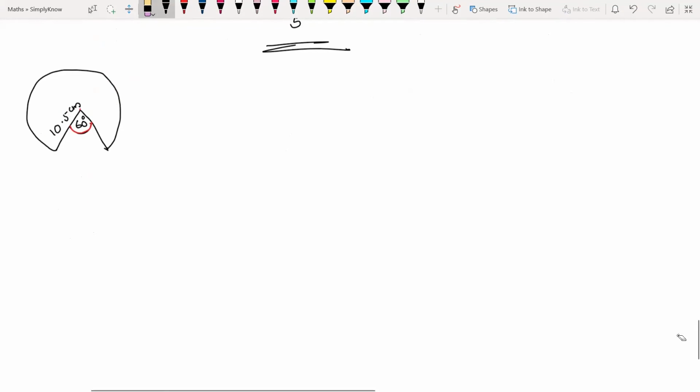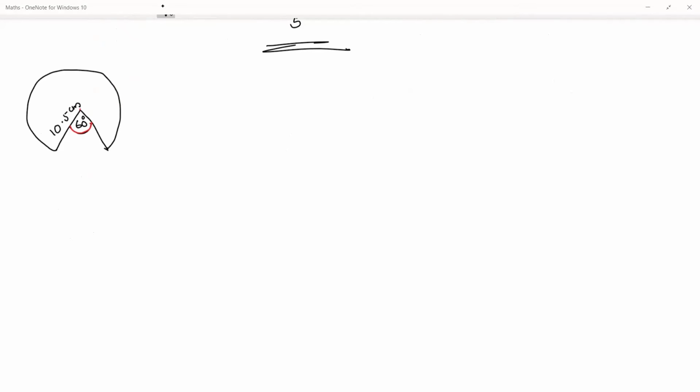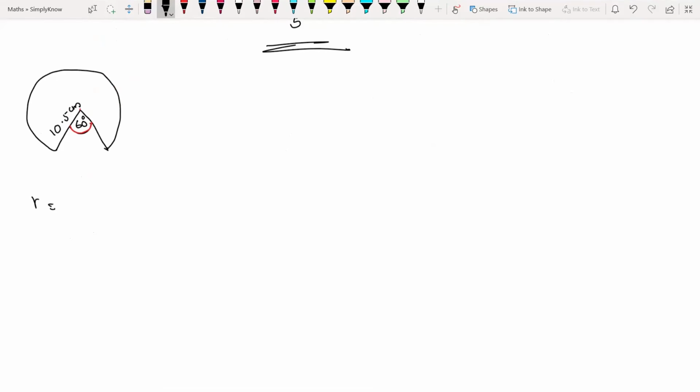Okay, let's do one more example. Now here our radius is 10.5 centimeters. And we are given the angle over here. And what's our theta now? It should be 360 degrees minus 60 degrees. Why? Because the total angle at the center is 360 degrees.